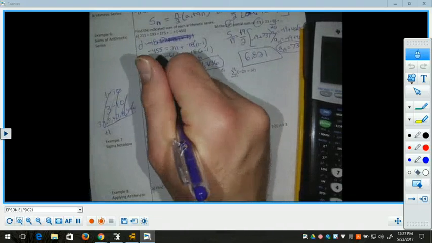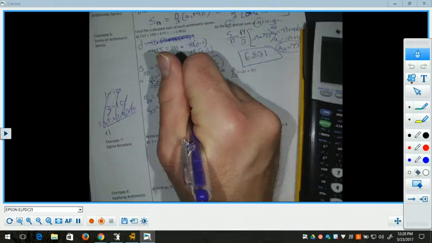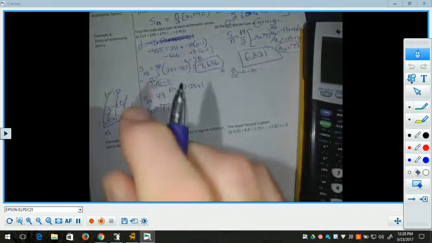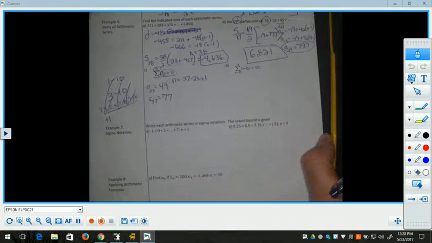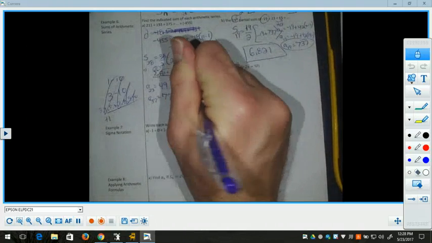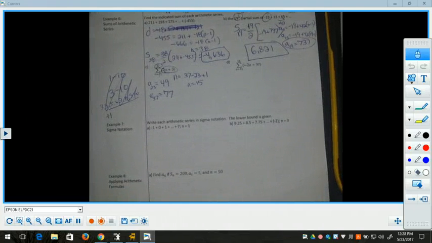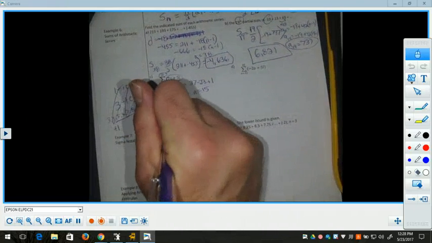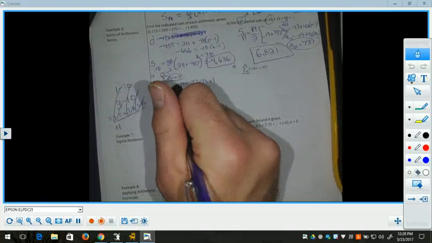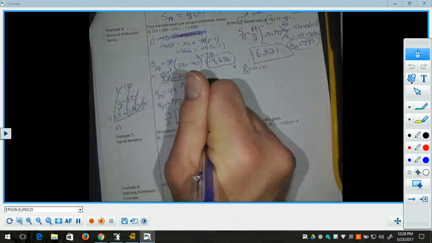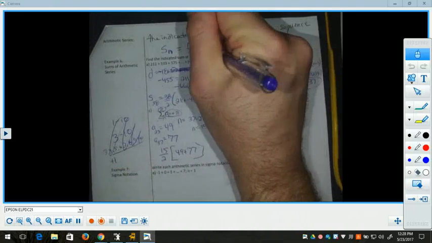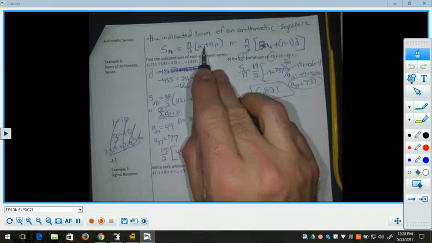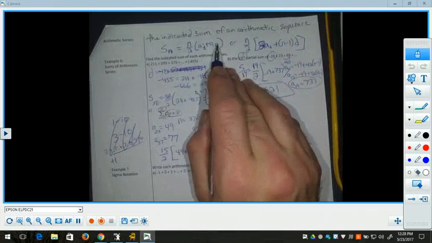So when I have position 23 to 37, n will equal 37 minus 23 plus 1, which is 15. So we're doing this for 15 terms. So we need to do 15 over 2 times 49 plus 77. This is A sub 1. I often call it A sub I, your initial position, and A sub n being your final position.